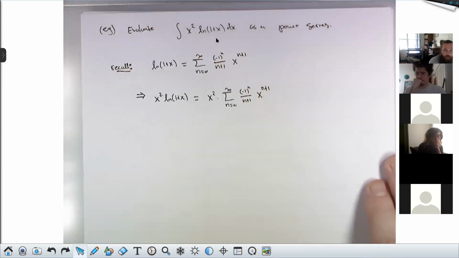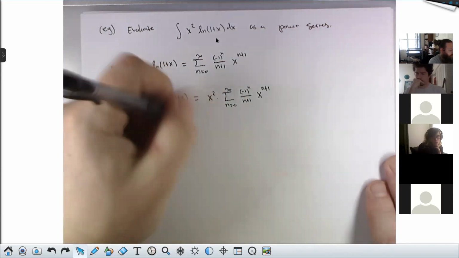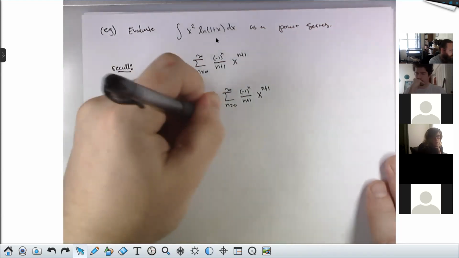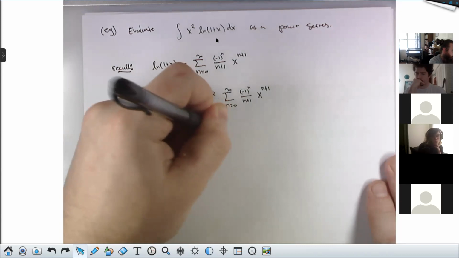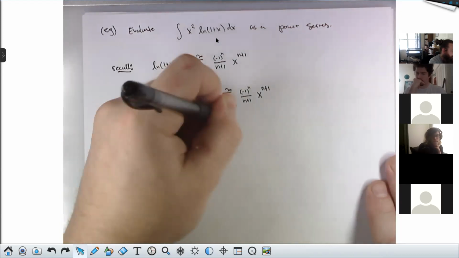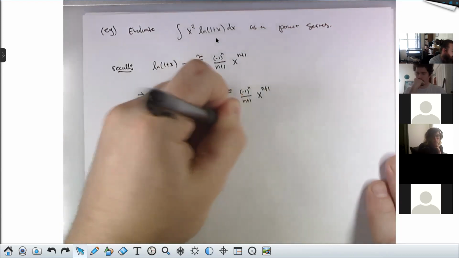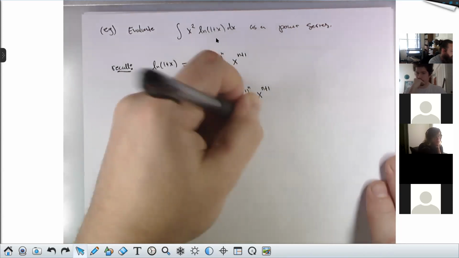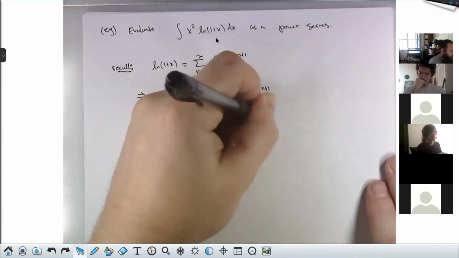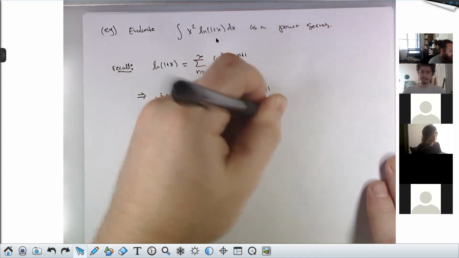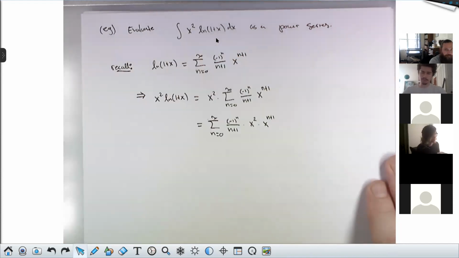And just like the 1 over x could come into the series last time, the x squared can come into the series this time. So this will be sigma n from 0 to infinity, -1 to the n over n plus 1 times x squared times x to the n plus 1. And again, the algebra here is easy. X squared times x to the n plus 1 is x to the n plus 3. We add the powers.